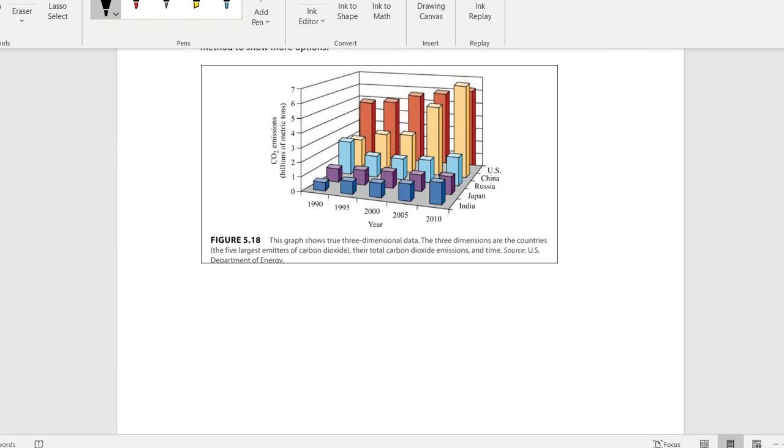So if we look at this, there's a couple of things that maybe we would find interesting. Is that China has increased the most. The other one is that it looks like Japan has stayed pretty steady.